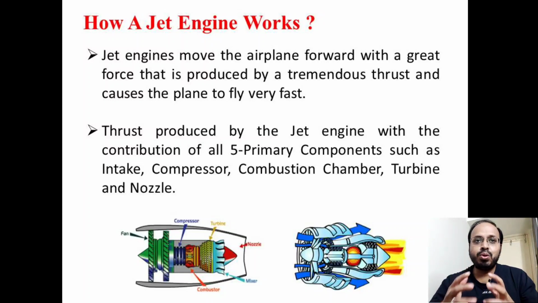The thrust produced by the engine comes from the contribution of all 5 primary components of the jet engine, which we already saw: intake, compressor, combustion chamber, turbine and nozzle. That's the reason I explained them first before starting this main topic of how the jet engine works. So let's start with these 5 primary components and their contribution, through which the jet engine is able to produce thrust.